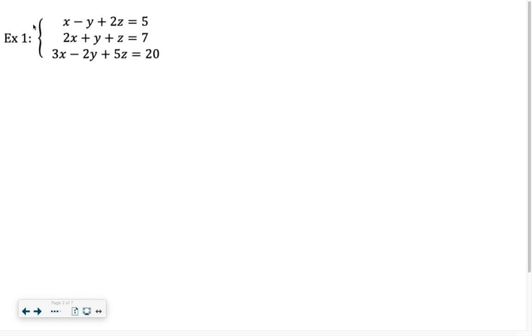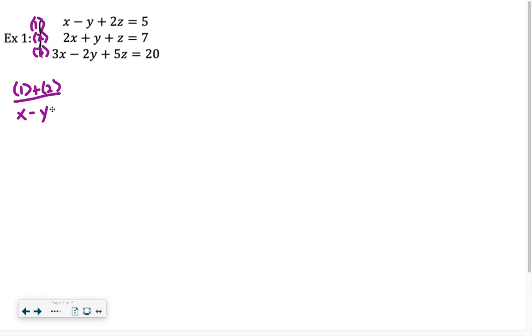So we want to start the exact same way we did in the last lesson. Right? I want to label my equations. My goal is to create a system of 2 equations in 2 variables. So if I look, my y's are already set up to eliminate if I add equations 1 and 2 together. So I'm just going to go ahead and do that. Equation 1 plus equation 2. So I'm going to rewrite them.